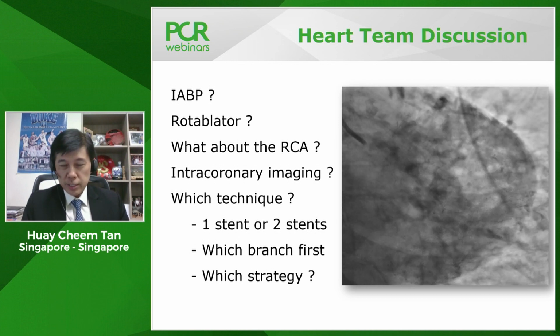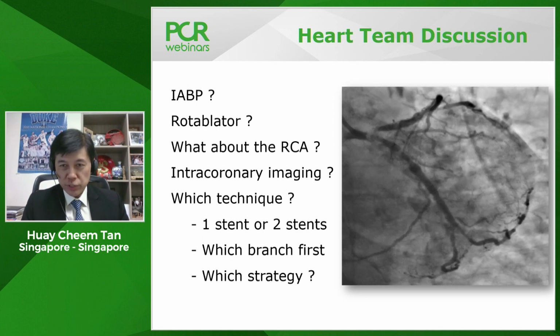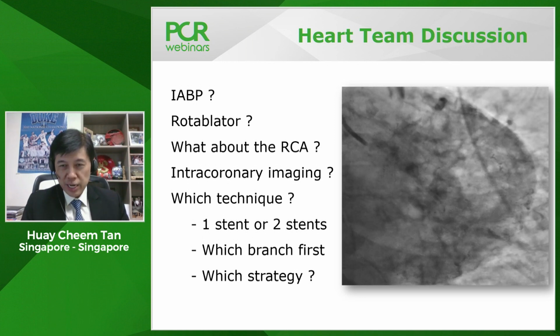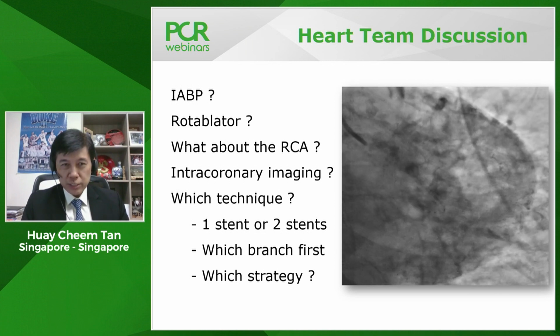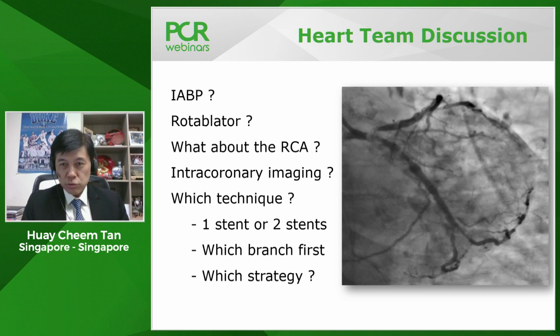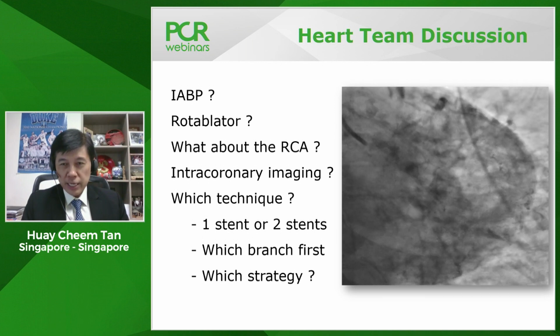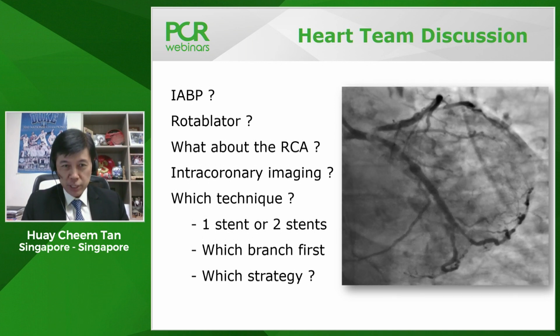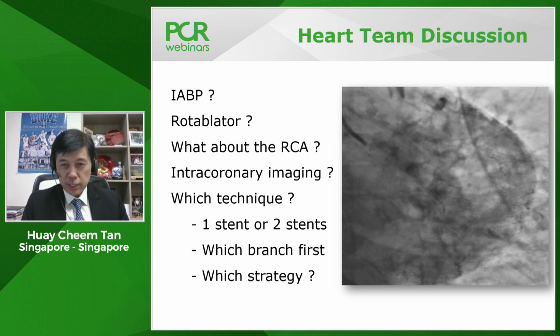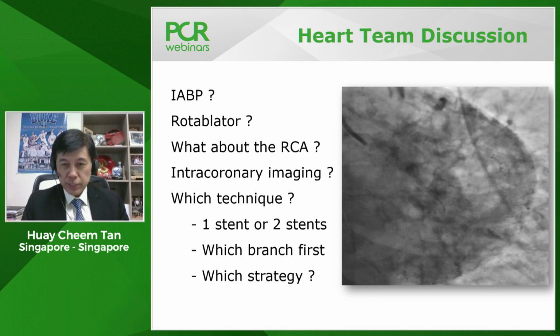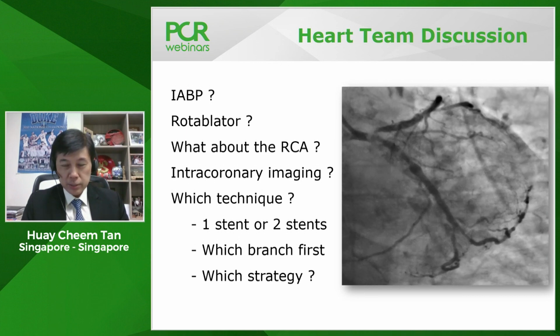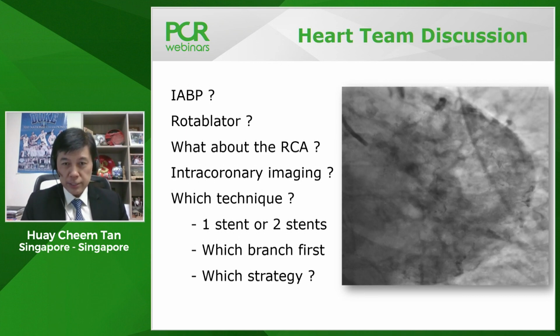This is a lesion with calcification, with very long disease, with very tight blockage in the side branch. I will go straight for a 2-stent strategy here. And I think the 2-stent strategy with the most data at this point in time is a DK crush strategy. So it is something that I will try first. And I will begin with doing circumflex first, followed by the LAD.